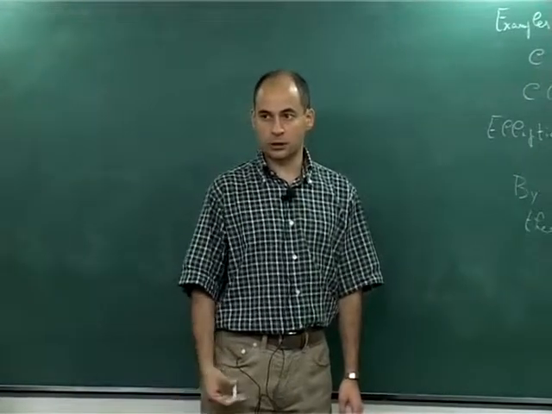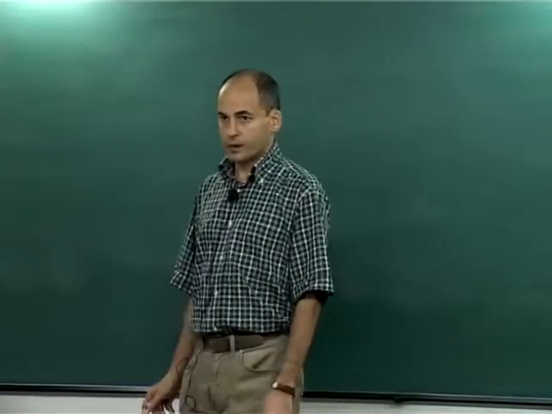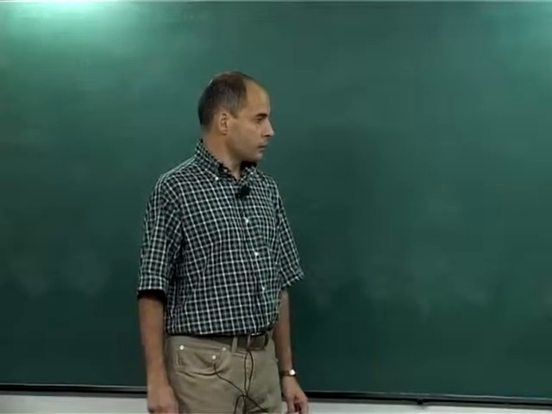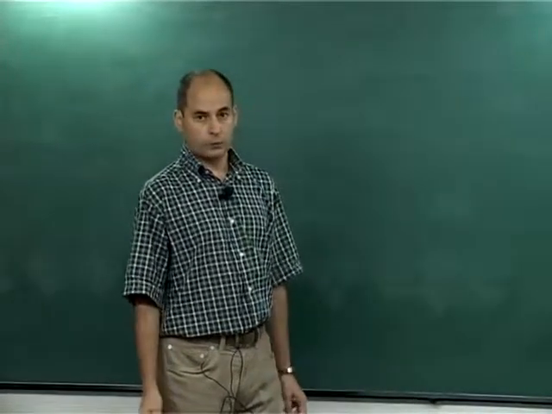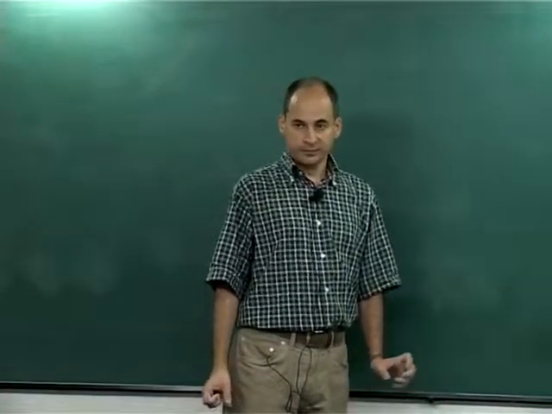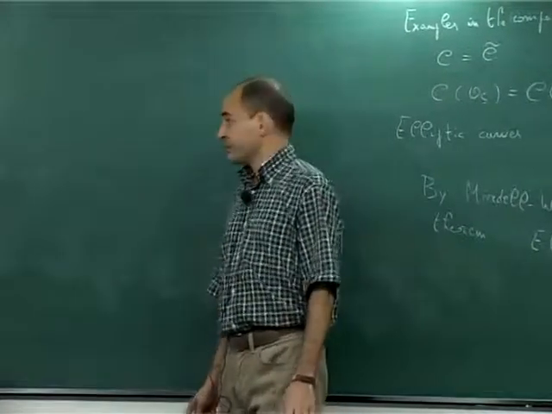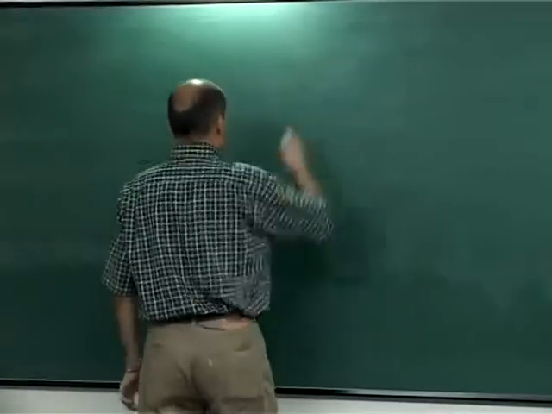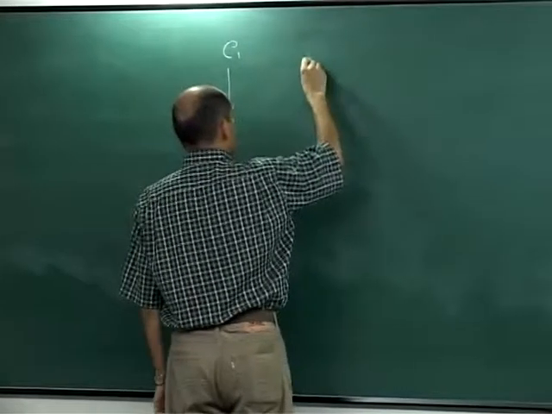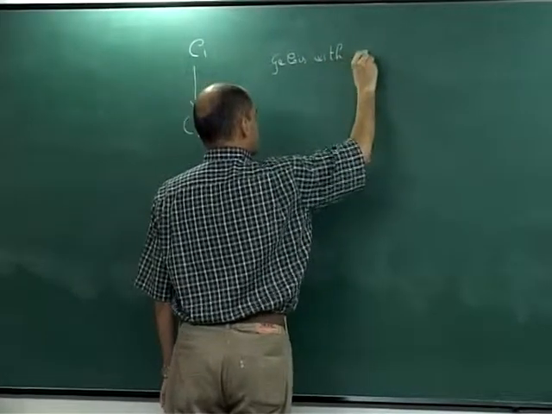We don't need to consider all covers, and perhaps it's better to restrict to abelian covers, so covers which are Galois with abelian Galois groups, and they reduce to cyclic covers because every abelian group is a product of finite cyclic groups. So we have just to consider covers of this form, which are Galois with a cyclic group.